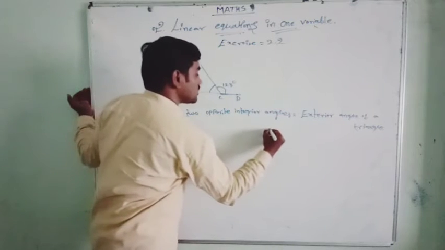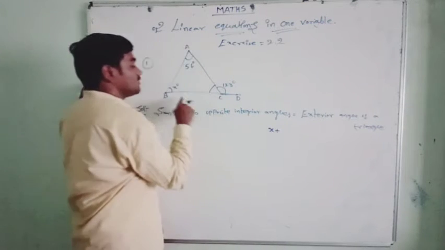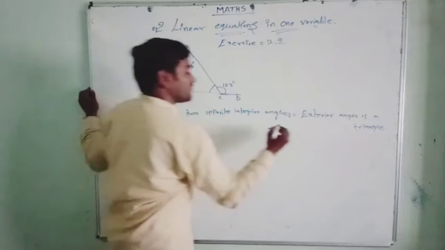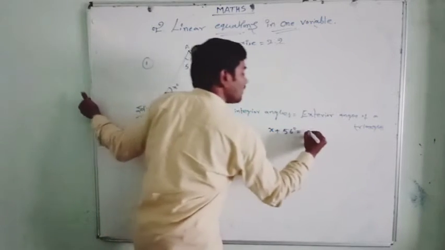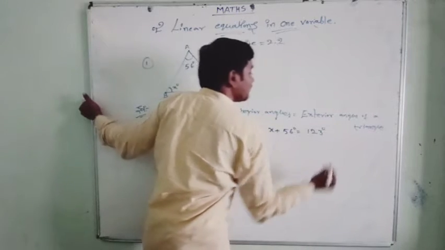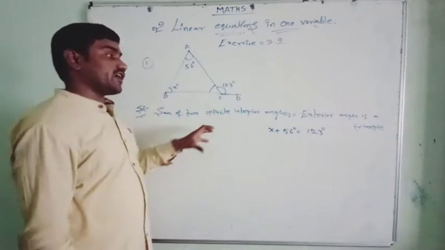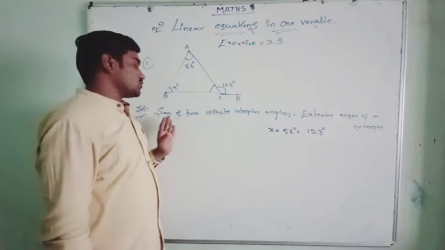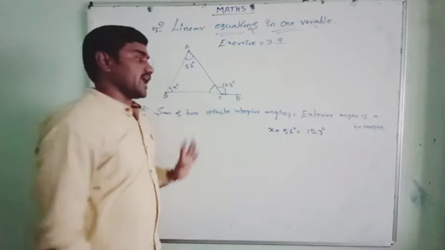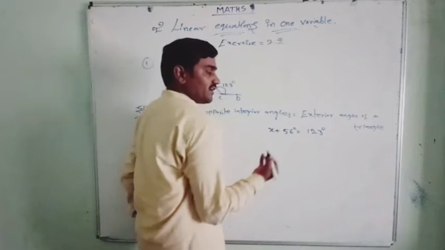So we are going to use that property here. Sum of two opposite interior angles: x degrees plus 56 degrees is equal to the exterior angle, 123 degrees. By which property are we doing this? The exterior angle of a triangle is equal to the sum of two opposite interior angles. So we have got a linear equation in one variable.